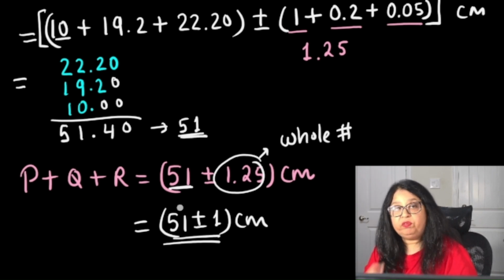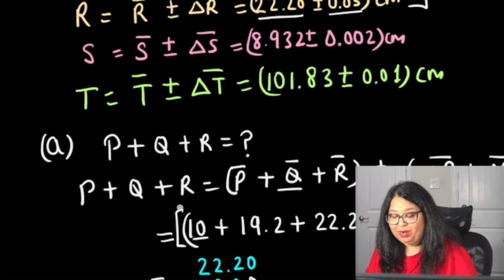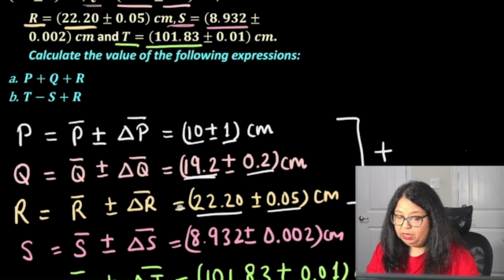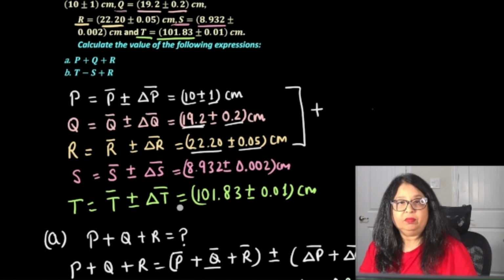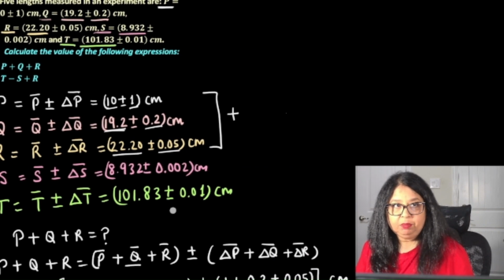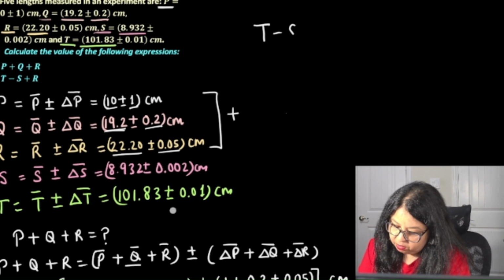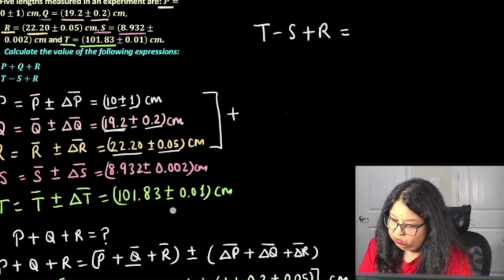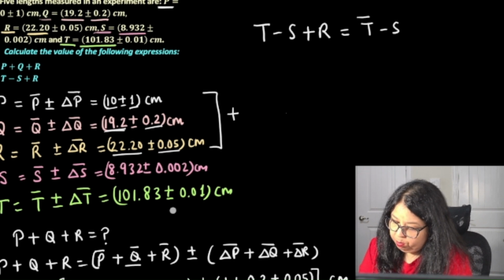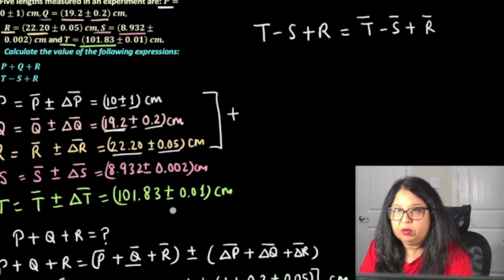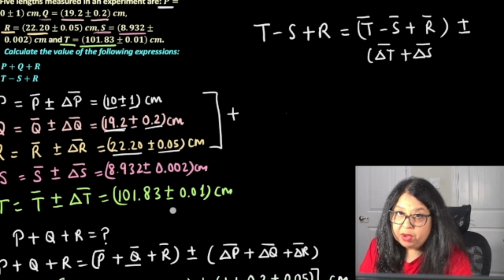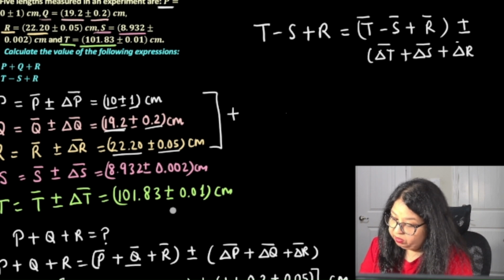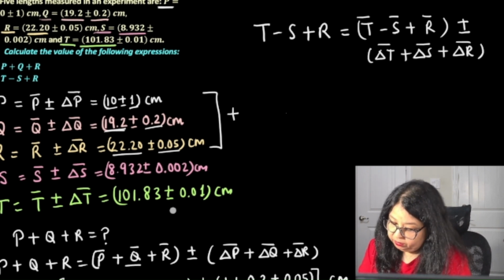Now that you know how to solve for P plus Q plus R, can you solve for T minus S plus R on your own? Let's see. T minus S plus R will be equal to T bar minus S bar plus R bar, plus minus delta T bar plus delta S bar, not minus. Uncertainties will always add. The errors always add up.